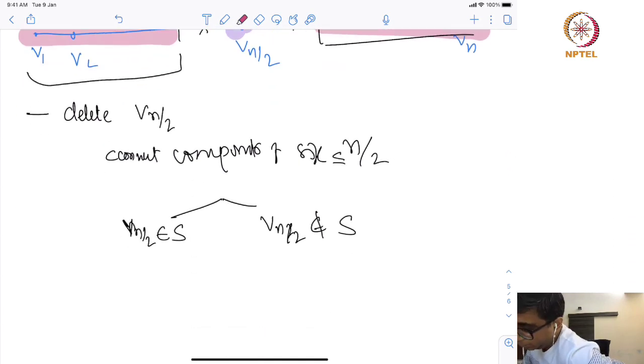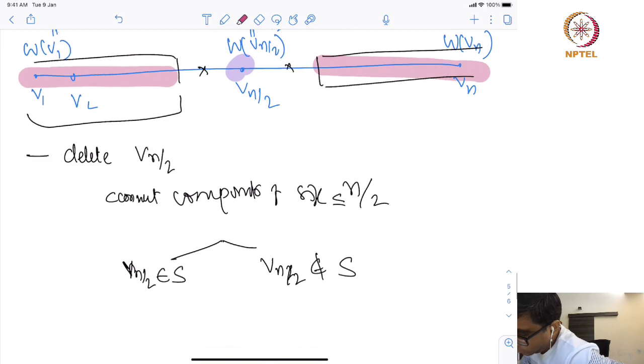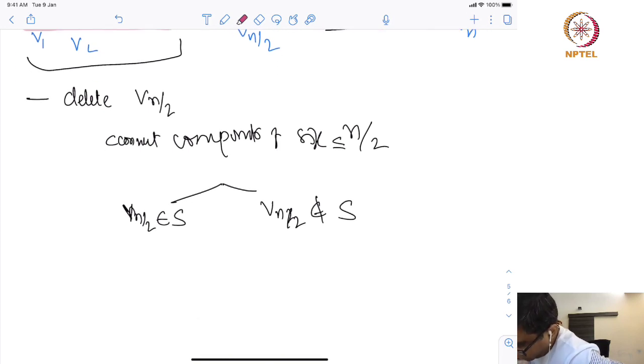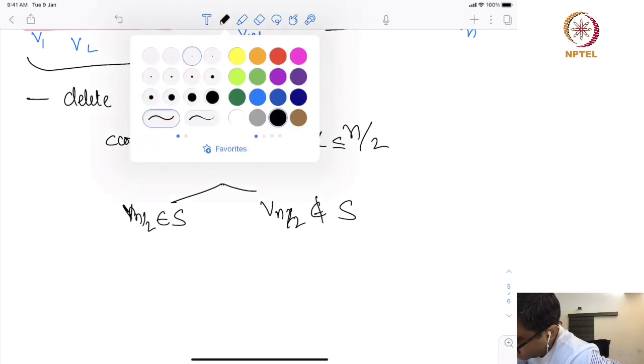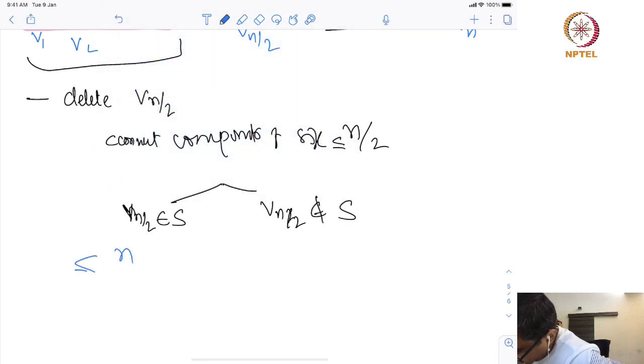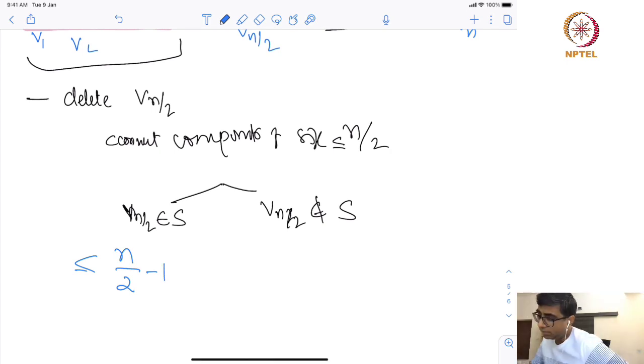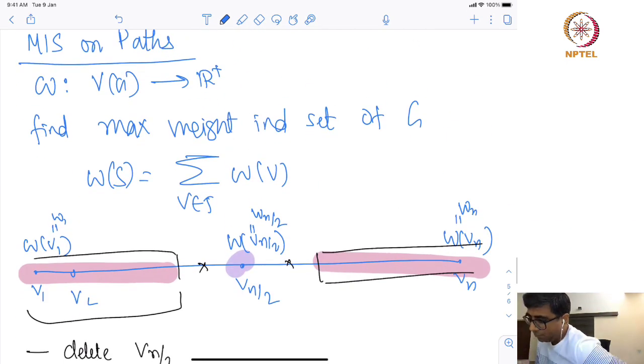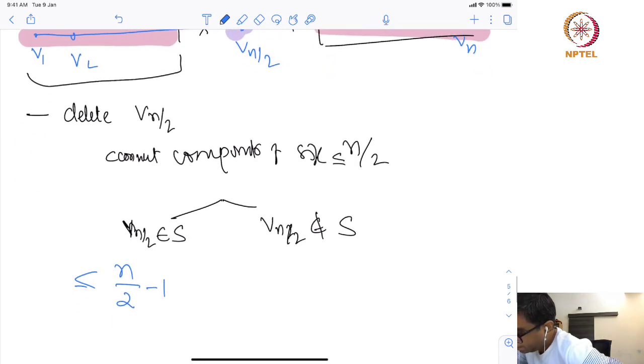So what is the size of these components? The sizes of the components in this case are at most n by 2 minus maybe 1. But in the other case, I'm saying that I'm not looking to contain v_{n/2} in my max weight independent set. Then what is my component size? It is at most again n by 2, okay?